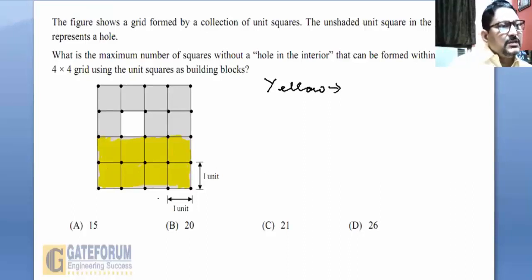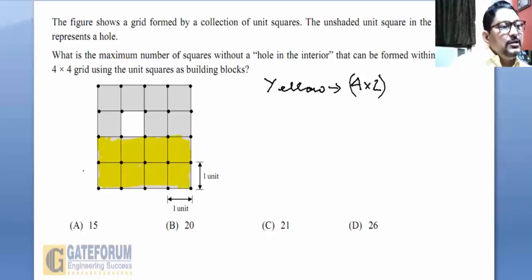So the number of squares that can be present is 4 into 2. So it would be 4 into 2. These are 1 into 1 dimensioned squares. And if we consider the 2 into 2 dimensioned squares, you see 1, 2, and 3.